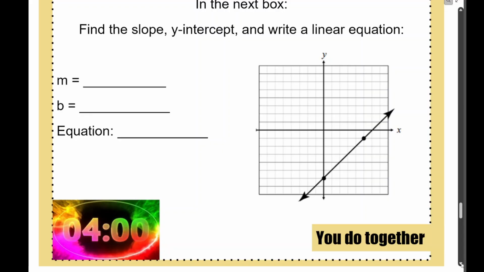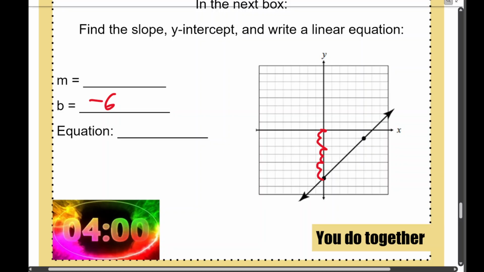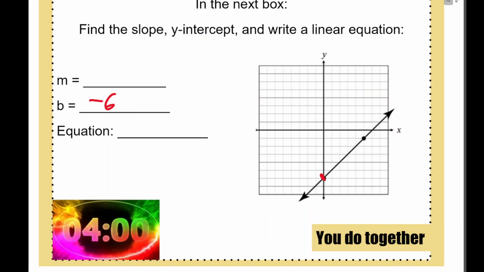So we start with our y-intercept, starting from the origin. We go down 1, 2, 3, 4, 5, 6. So your y-intercept would be -6. Okay, now we need to find our slope. We're going from this point to this point. We could draw the line through this point so that we know how far we have to go up, because sometimes it's hard to tell.